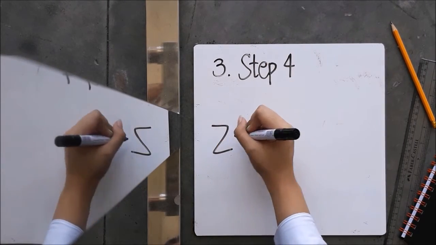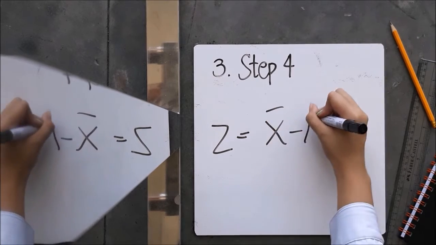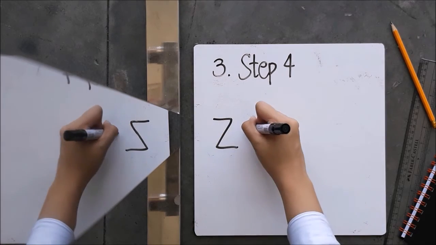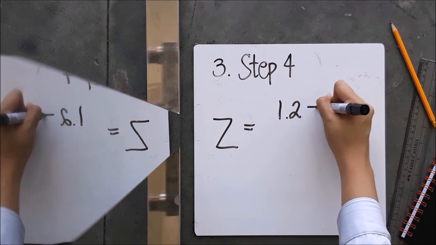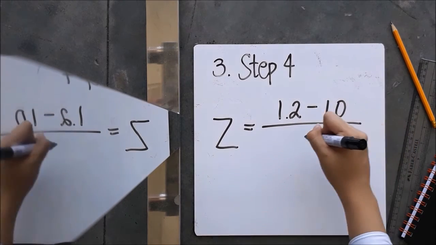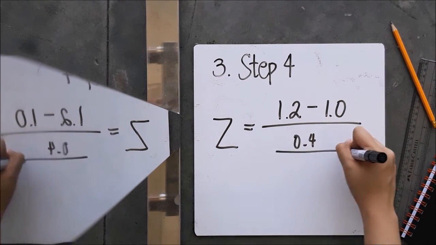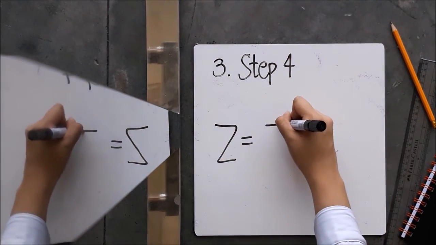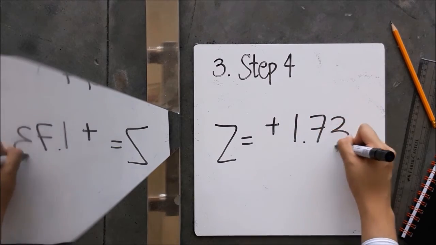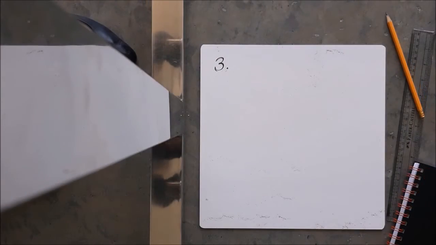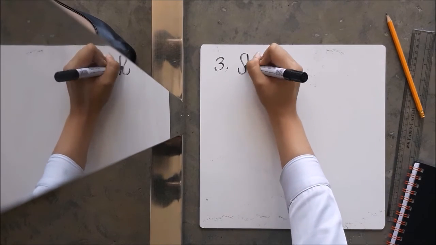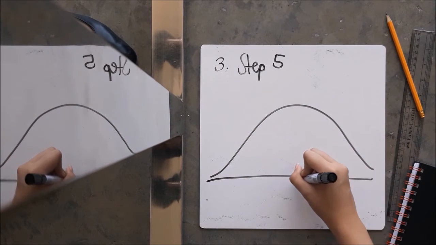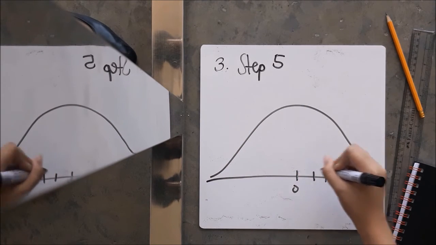Step number 4 is the calculation. t is equal to x bar minus mean over S over square root of n. t is equal to 1.2 minus 1.0 over 0.4 over square root of 12. Step number 5 is to plot the graph. Since the graph is two-tailed, you will shade both ends of the graph.